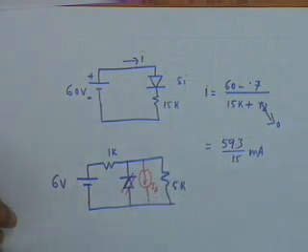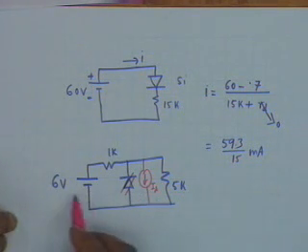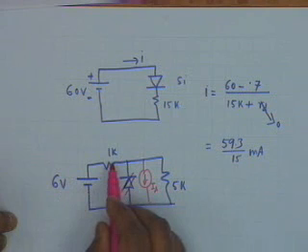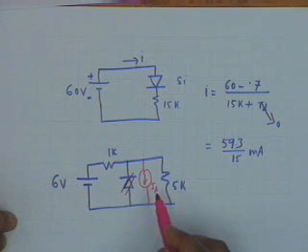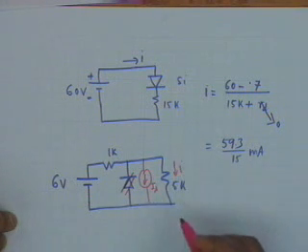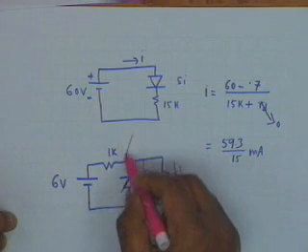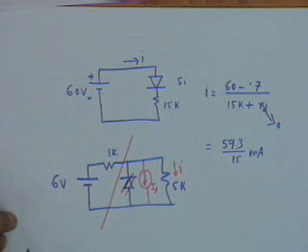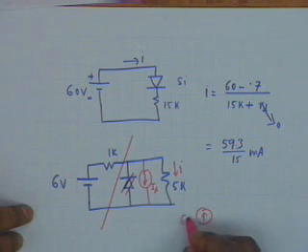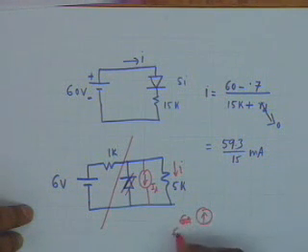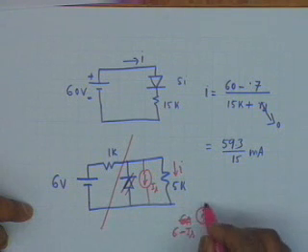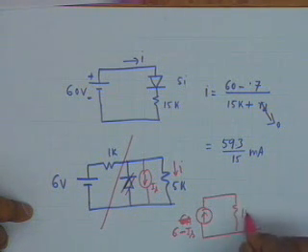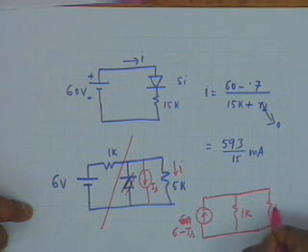It is the reverse saturation current, and therefore what you have now is a 6 volt, 1K, 5K and IS, and you have to find out the current through the load, this I. Obviously you can replace this by a Norton source, then you have a current source, and then another current source IS in parallel with 1K and 5K.